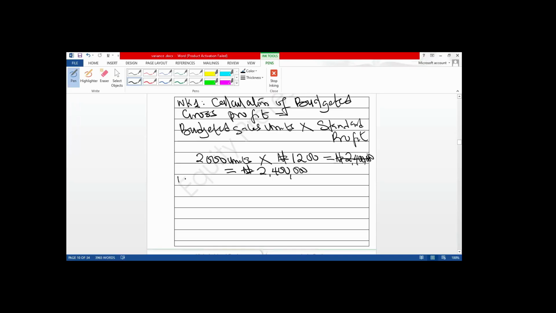Working two. Calculation of actual gross profit.